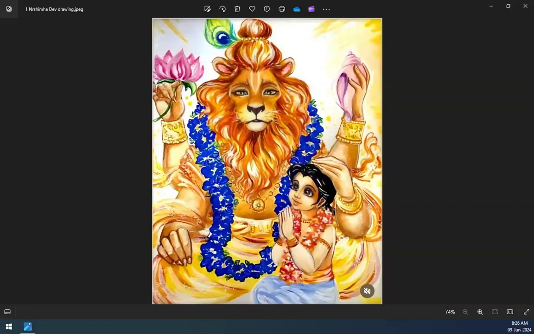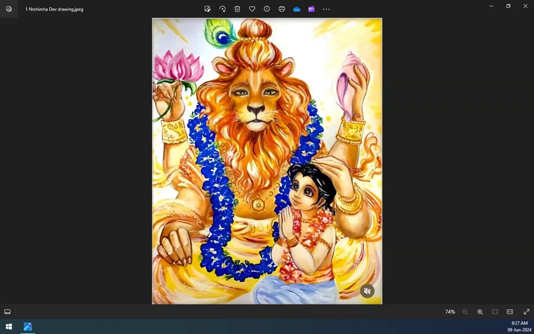Shaunaka Rishi therefore asked, what more did Vidura inquire from Maitreya? Hare Krishna. So Vidura inquires, what did Swayambhuva Manu do after Earth was placed in orbit?